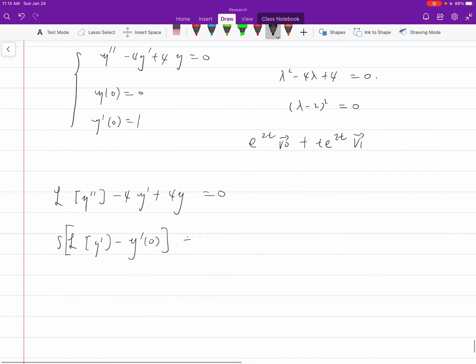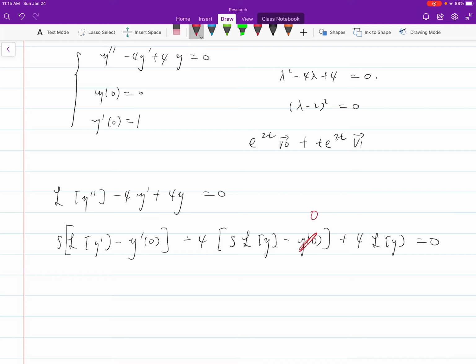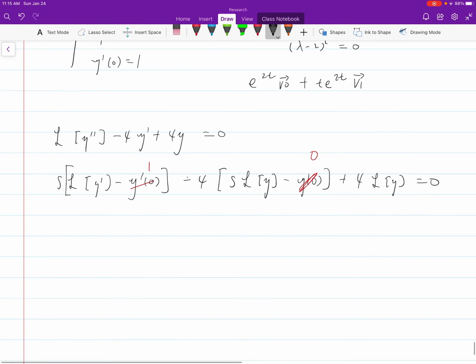Y double prime minus 4 y prime plus 4 y equals 0, so you can do it. So y(0) is 0, y'(0) is 1.